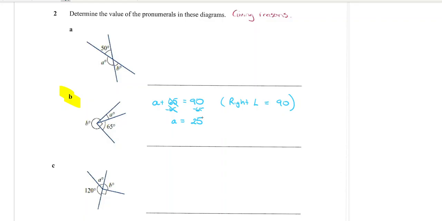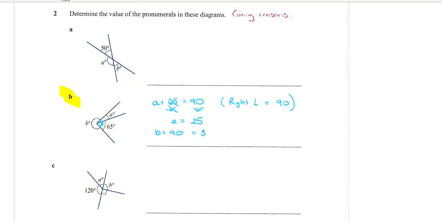To find B, what do you think the reason is I'm going to use? Both of those 2 angles together are making a right angle, and I'm trying to find the angle going around the other side. 180 is a straight line, it's not making a straight line. 360, which is called angles at a point. Okay, so I'm going to add together the B with the 90 degrees. You could have done it separately, B plus 25 plus 65, but just doing 90 makes it easier.